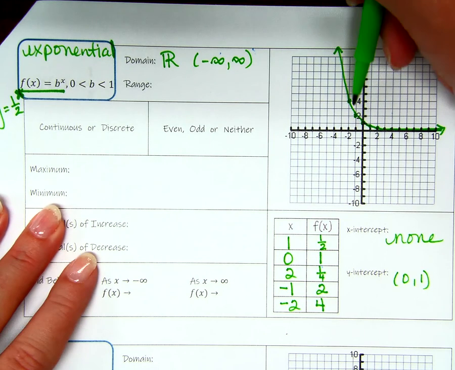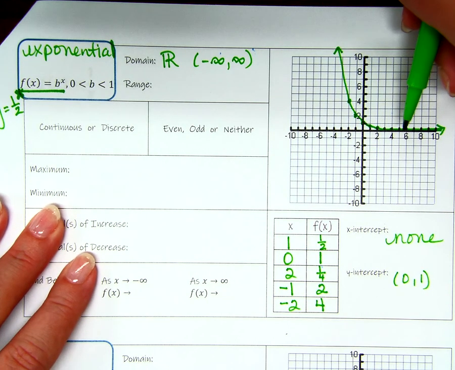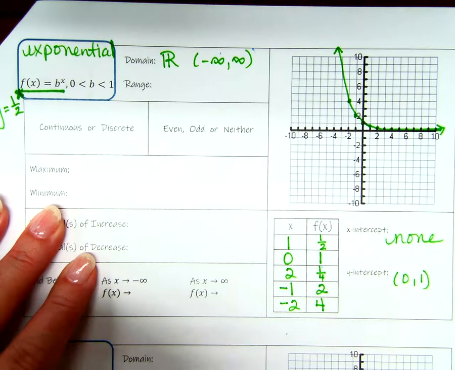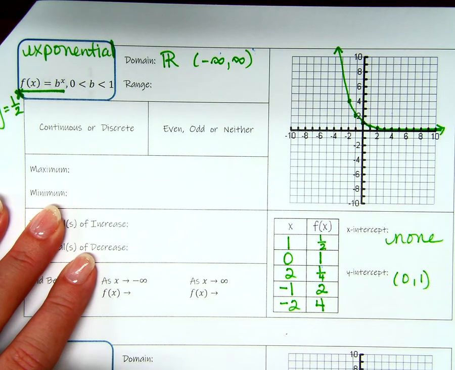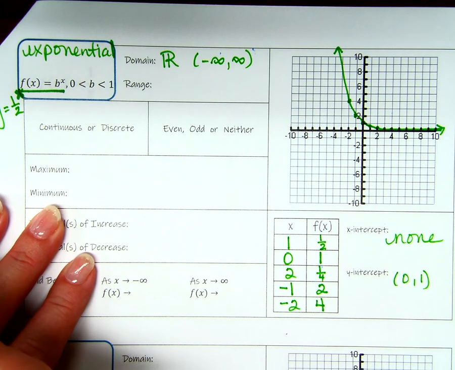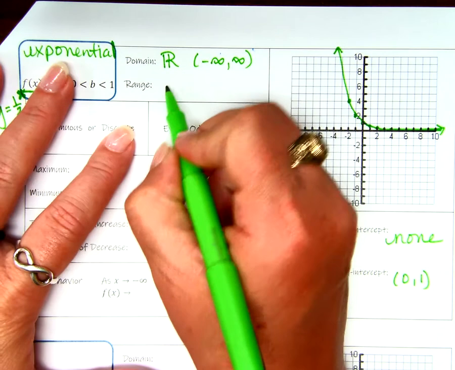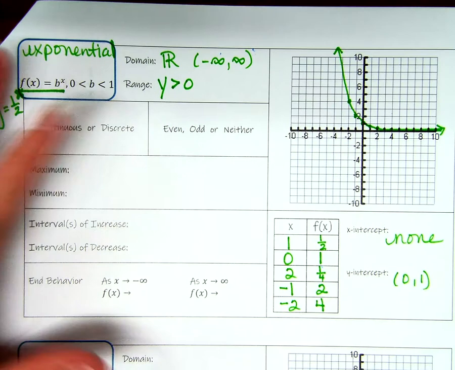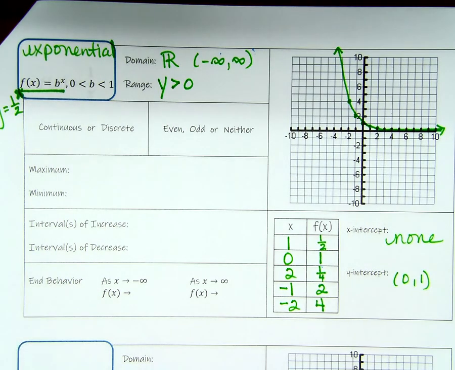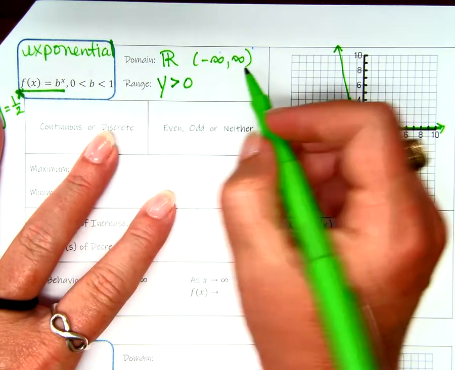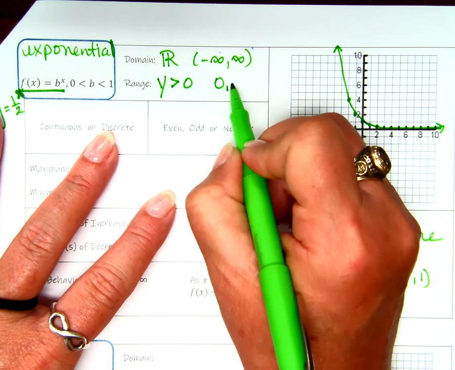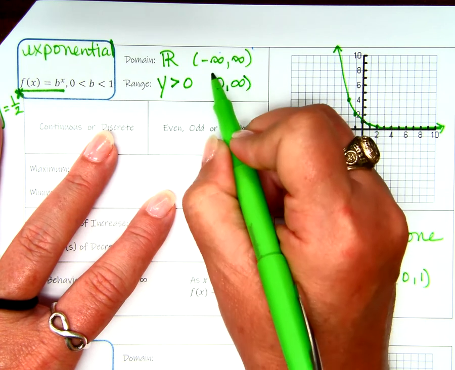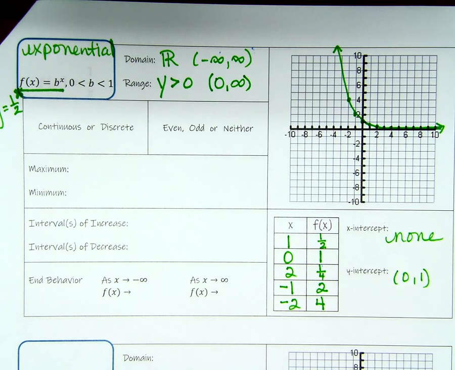Because I said it gets closer and closer to the axis but never touches it, right? So what's it getting really, really close to? 0, but it's never touching 0, right? So it's going to look like this. y is greater than 0. It's not greater than or equal because it never gets there. It's just greater than 0. That means when I go to write it in interval notation, it's going to look like 0 to infinity, but both sides will have a parenthesis. Does that make sense?